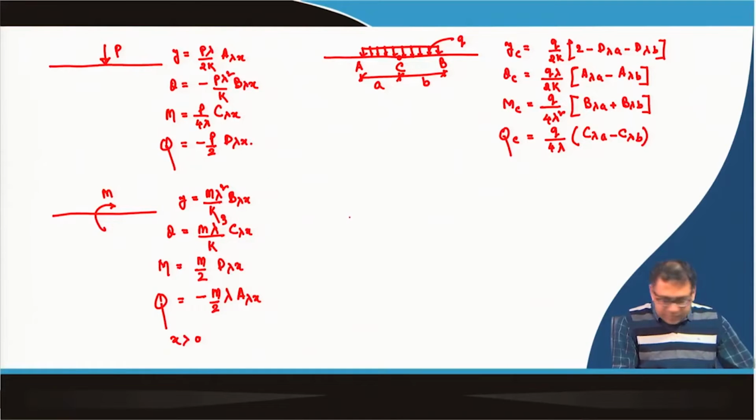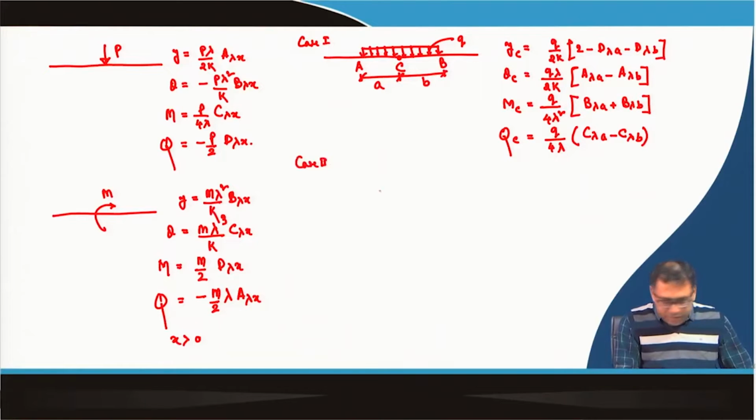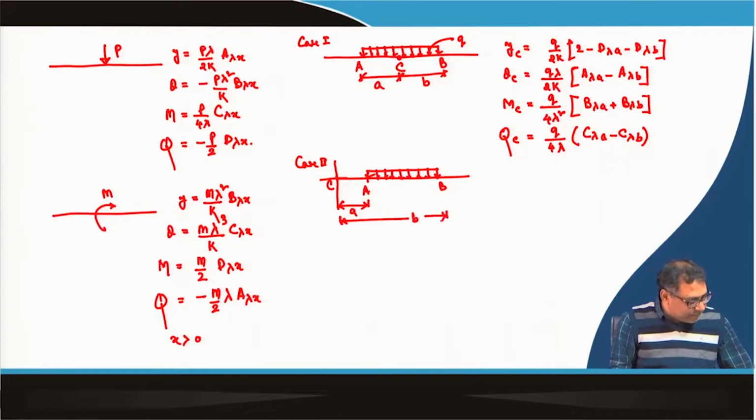This is my case 1; similarly for case 2, this is the same UDL, this is also A, this is also B. Now the point of interest C is at a distance of small a from point A and small b from point B, with the same q.